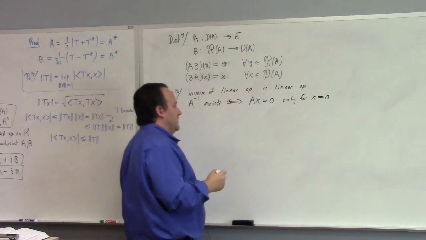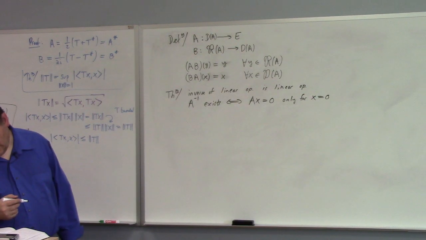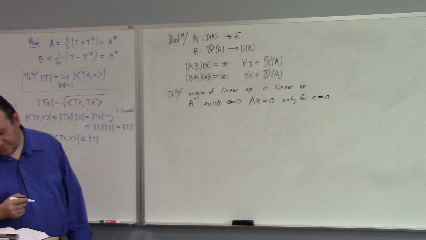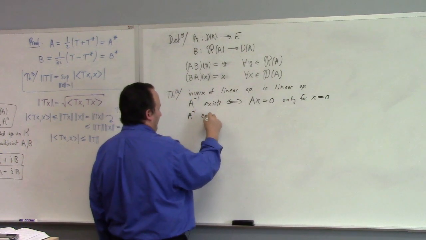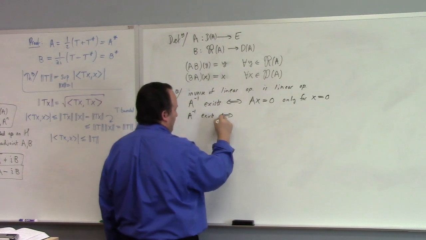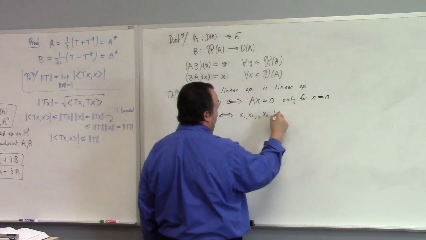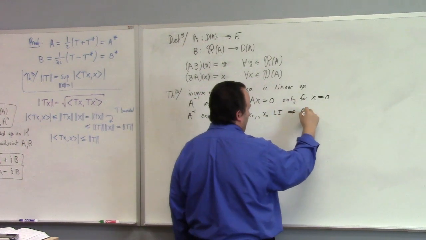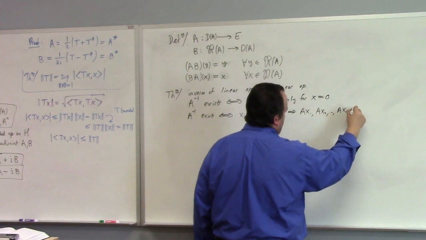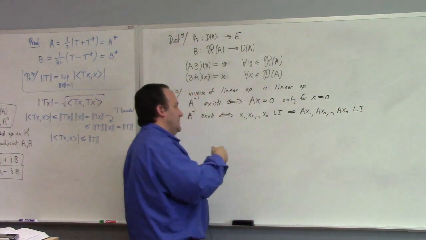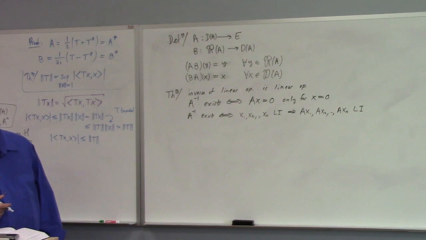So in other words, the homogeneous equation has a unique solution. And it's invertible, A inverse exists, if and only if x1, x2, ..., xn linearly independent implies Ax1, Ax2, ..., Axn linearly independent. So it maps linearly independent sets to linearly independent sets, all right?